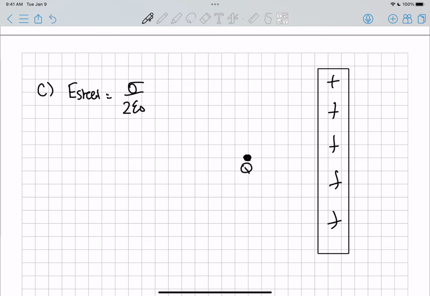Nowhere do we have radius here. There's no distance that factors in. It's only dependent on sigma, the charge on the sheet, and the area of the sheet itself. So I could be over here, over here, wherever, and I would still have the same magnitude of my electric field. But the electric field of a point charge does depend on the distance, right?